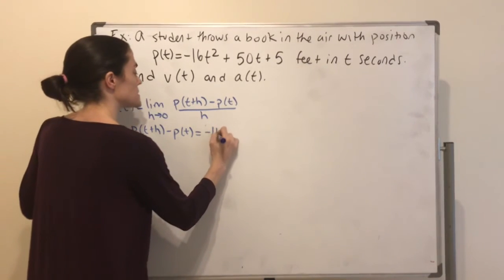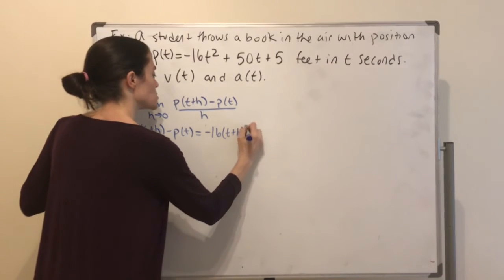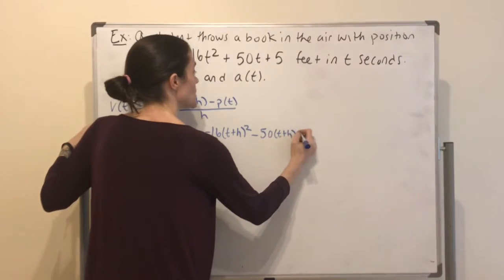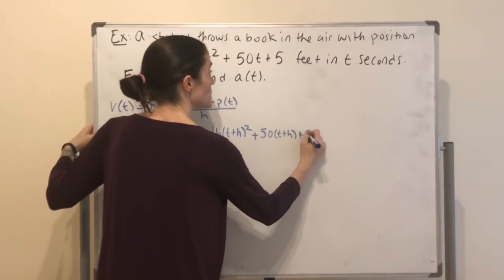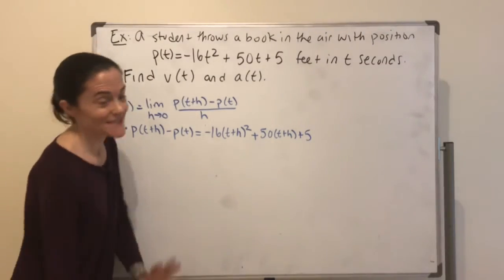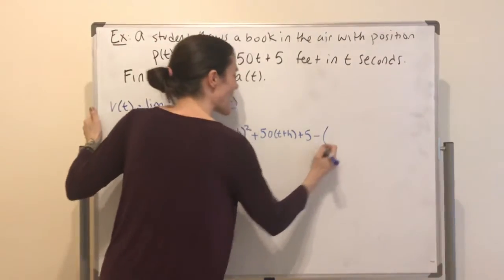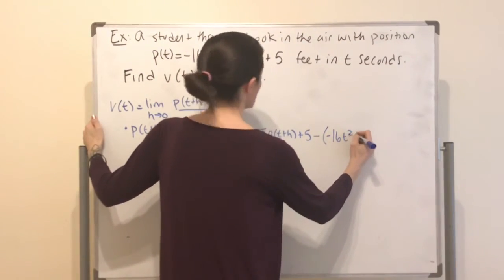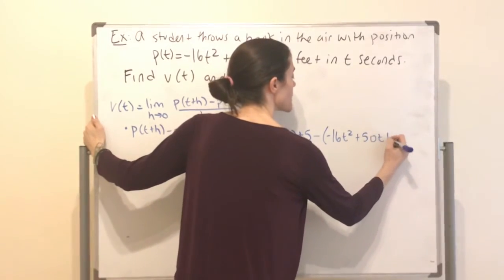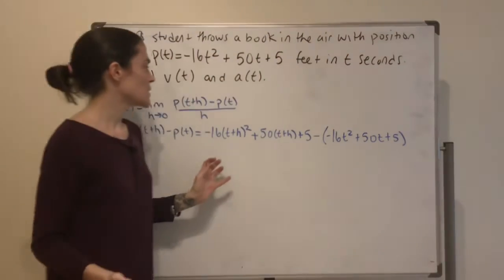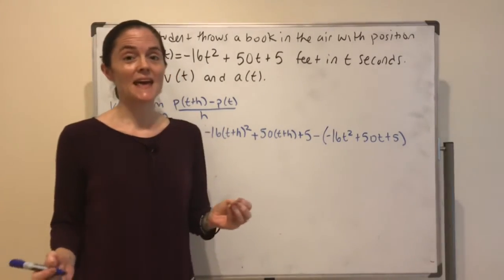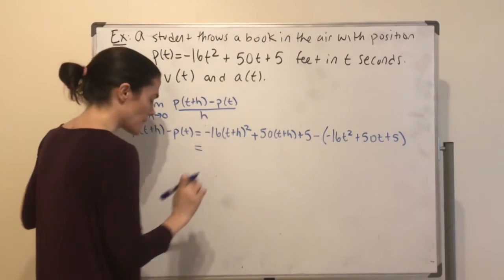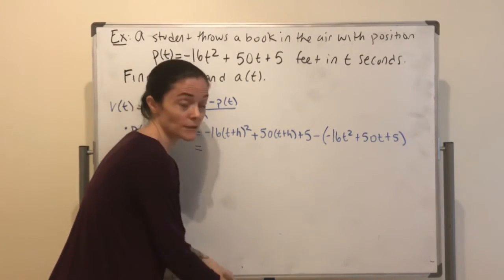This is minus 16 times t plus h squared plus 50 times t plus h, plus 5. This is p of t plus h, and then I subtract p of t, which is minus 16 t squared plus 50t plus 5. Now again, I want to simplify this as much as I can, then I will divide by h.